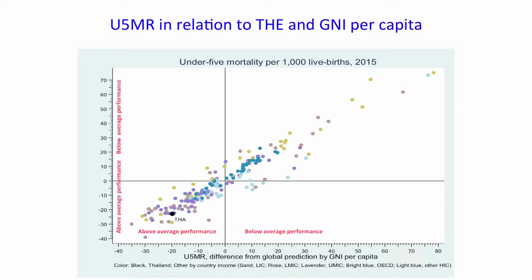So the observed figures minus the predicted figures show the relative performance in relation to GNI per capita on the X-axis and in relation to THE per capita on the Y-axis. The lower left quadrant shows countries having above average performance, as their child mortality is lower than the predicted value, and Thailand is located in this lower left quadrant.